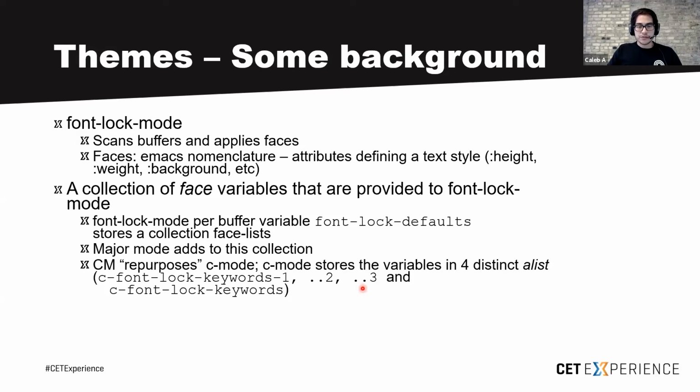And then there is also list 3. This is the accurate normal font locking. And then this is extra, like I mentioned, and that's intended to be populated by whatever. But CM actually utilizes the third list because it is supposed to be the most accurate of the bunch. And CM mode adds to this list its own face definitions.